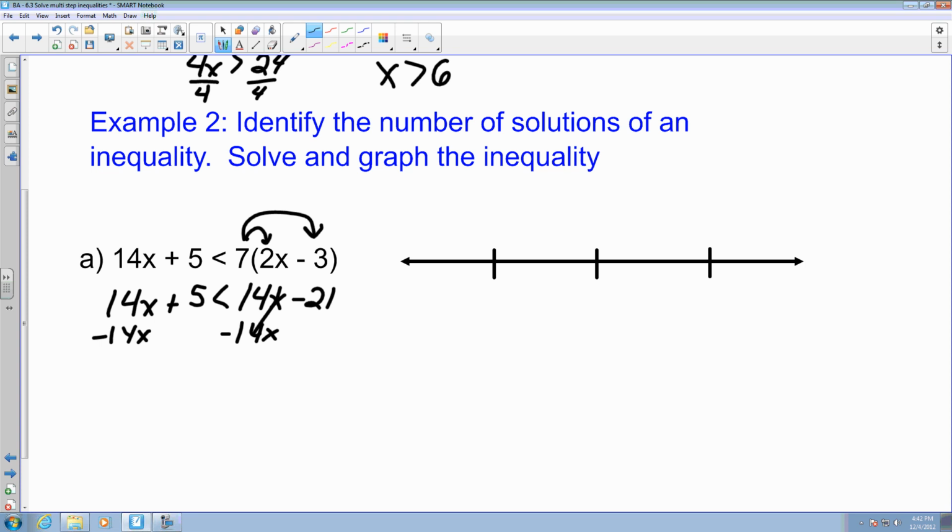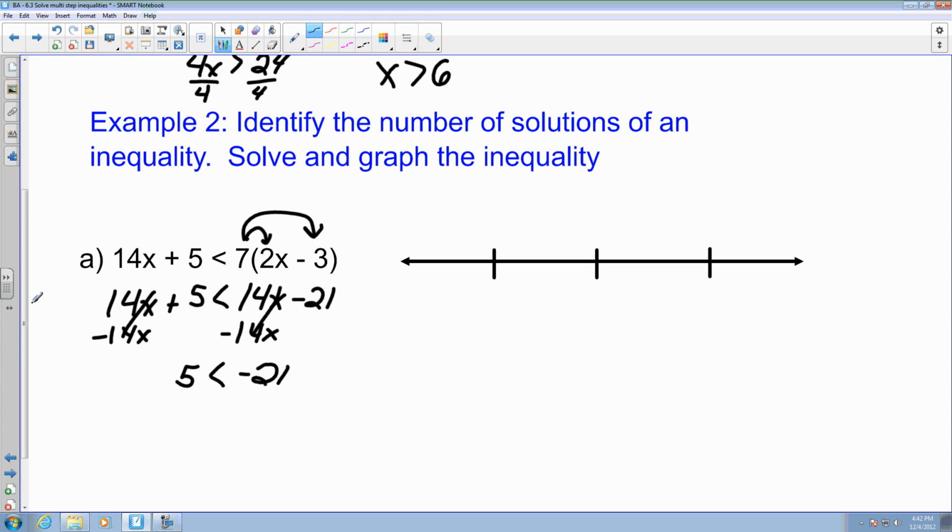It actually cancels both, which leaves me with 0. And I'm left with 5 on the left-hand side, my less than sign, and negative 21. So the statement is 5 is less than negative 21.